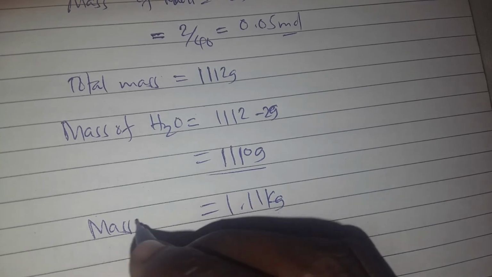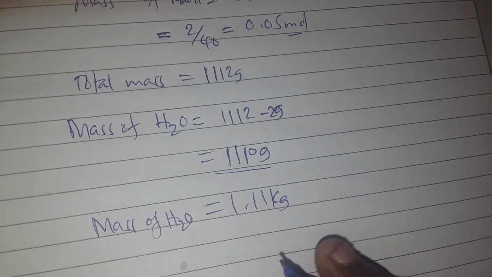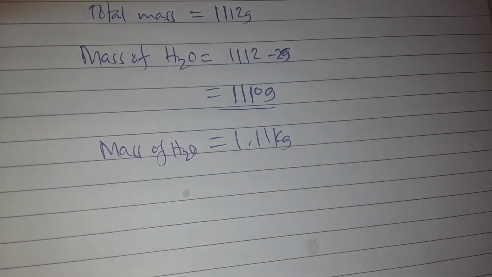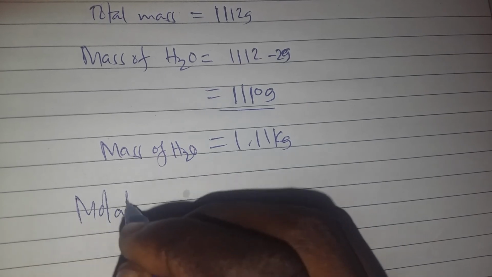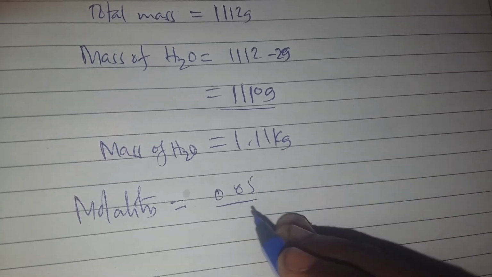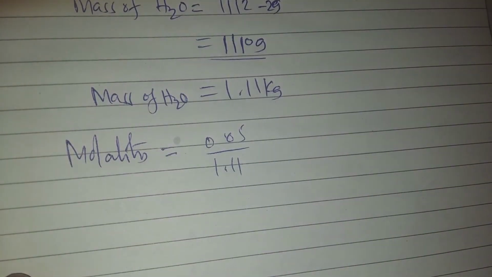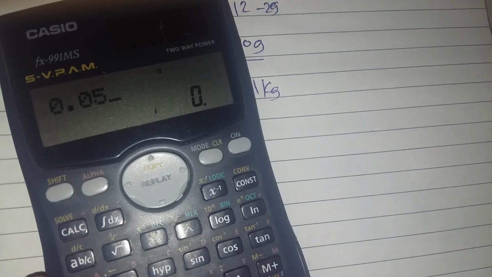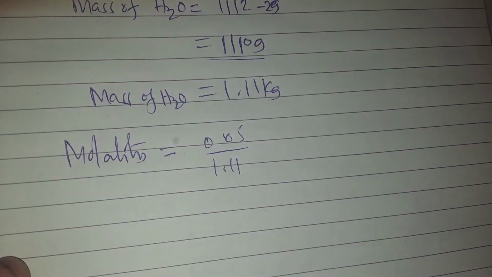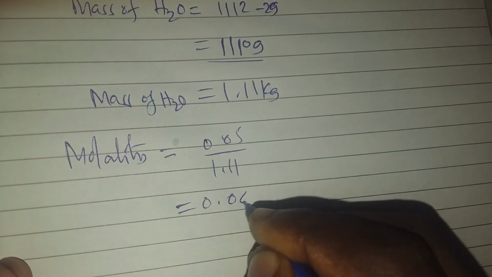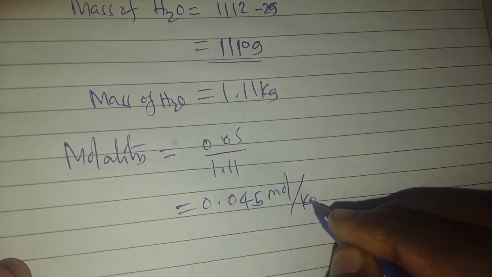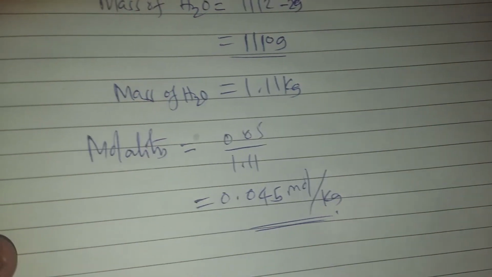That is the mass of water. As the mass of water is that, we go to what? We finish there with the molarity itself. Molarity will be equal to 0.05 divided by 1.11. 0.05 divided by 1.11 is 0.045 mole per kilogram. So it's very easy.